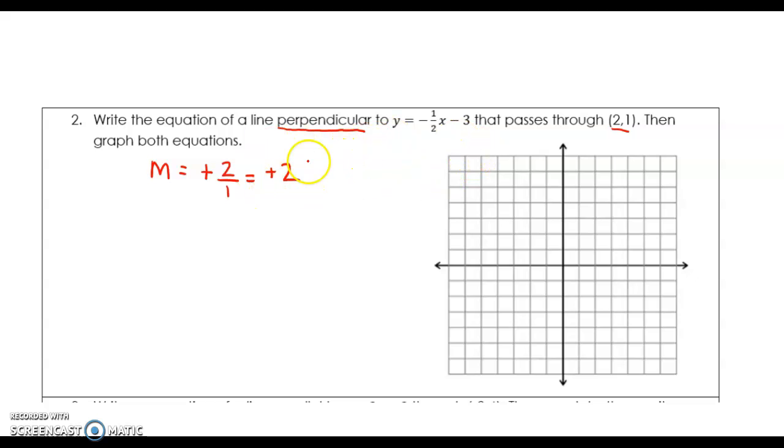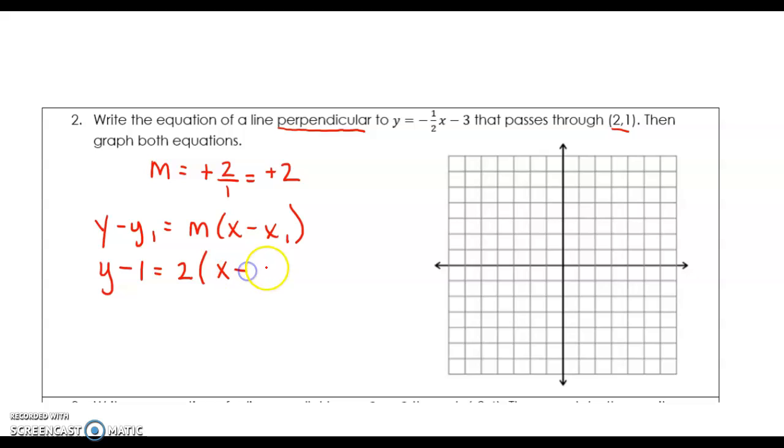So now I have a slope and a point, so I'm going to use point-slope form. y minus y1 equals m times x minus x1, and I'm going to plug in my point and my slope. So it's going to be y minus 1 equals 2 times x minus 2.